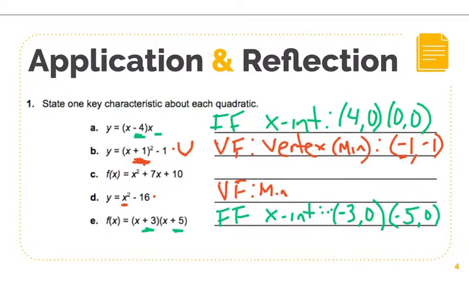Here, there's nothing, so that would be at 0. And then I see a -16 out here. So it really just shifted down 16 spaces.